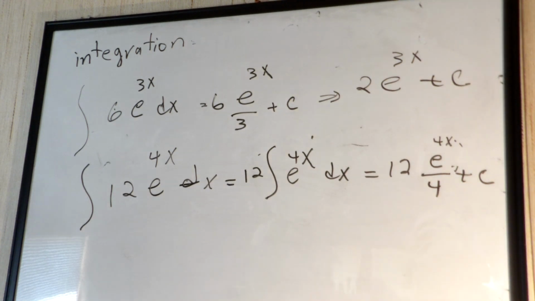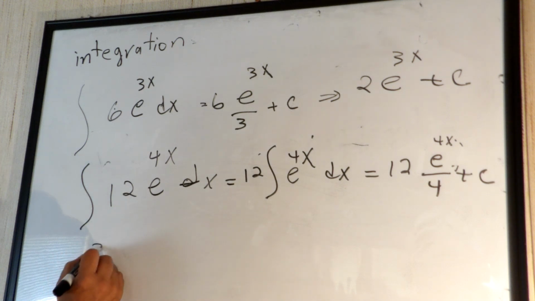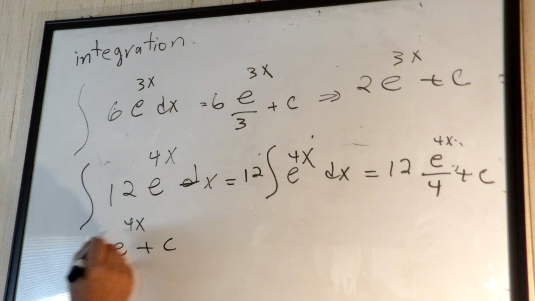And then the result, 12 over 4 is 3, so 3e to the power of 4x plus c. That's going to be the answer.